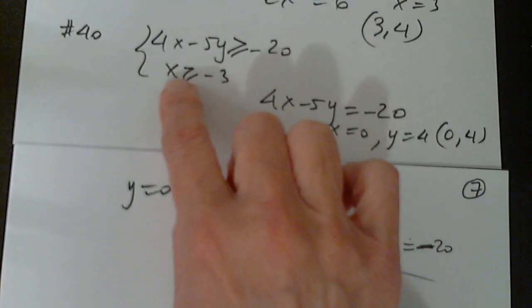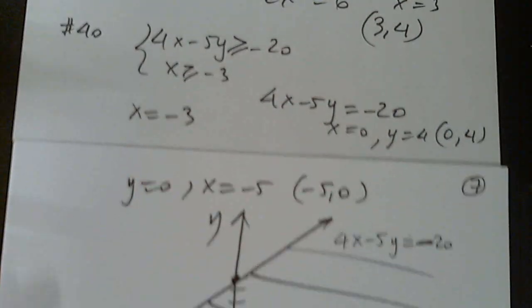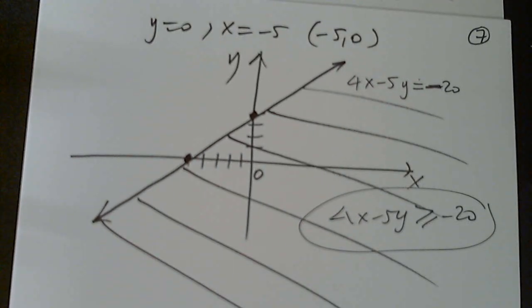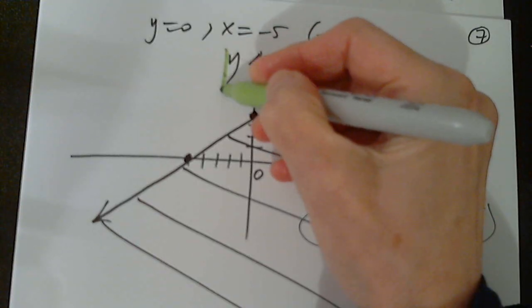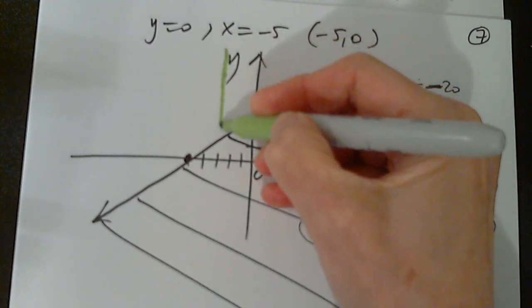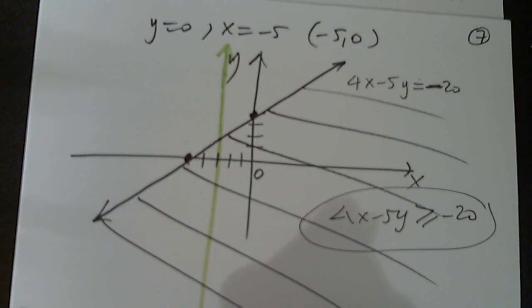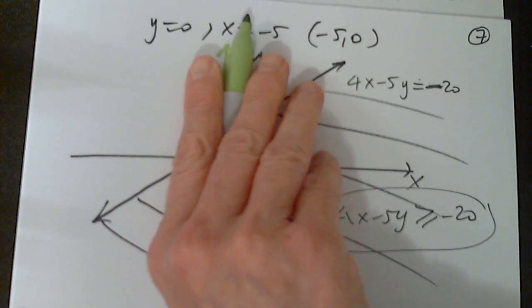The next one is simple. It's x equals negative 3, which is a vertical line at negative 3. And stop. Solid? Yes. This is x equals negative 3. It divides the plane into two pieces.